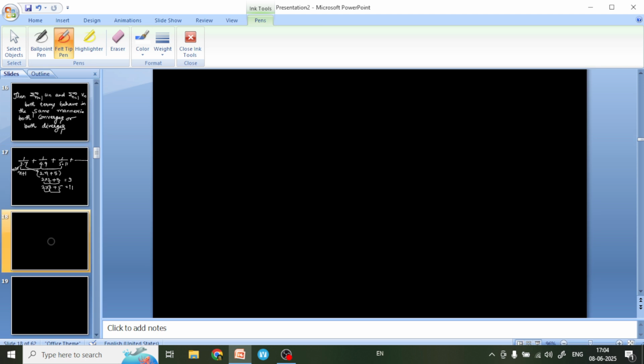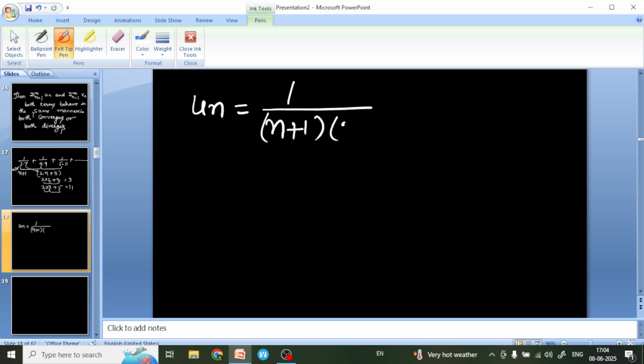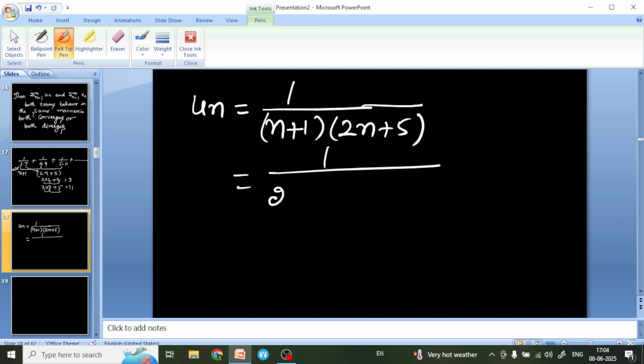So that's why we will take first of all un equal to 1 over n plus 1 into 2n plus 5. When we solve this, it will be 2n square, n multiply 2n, that is 2n square, 1 multiply 2n, that is 2n, 5 multiply n, that is 5n.